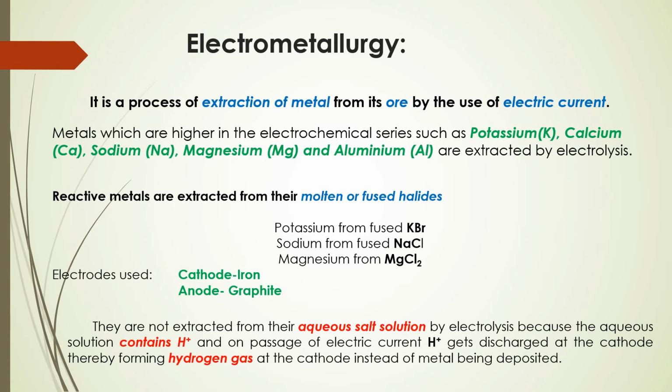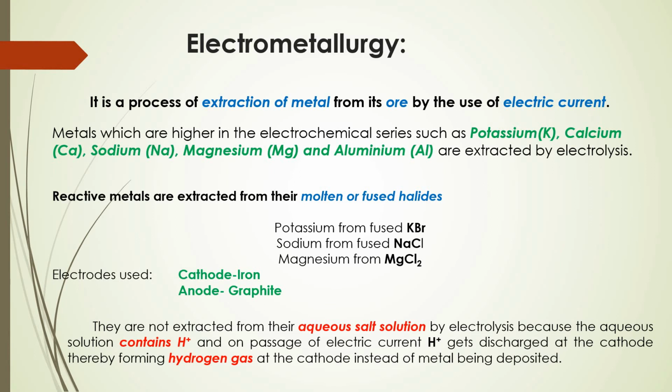The reason behind that is when we use water with the metallic salts or metallic halides, they will produce metal cation as well as H plus ion. So there will be two types of cations, metal and H plus.